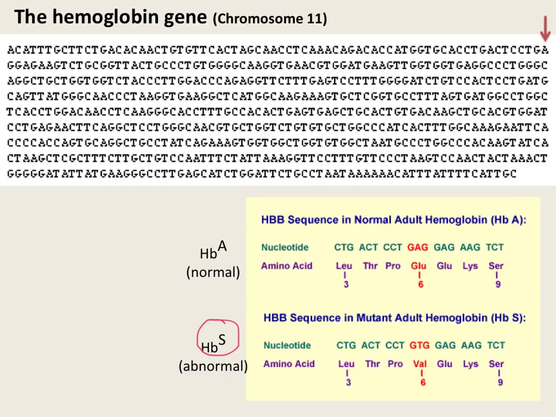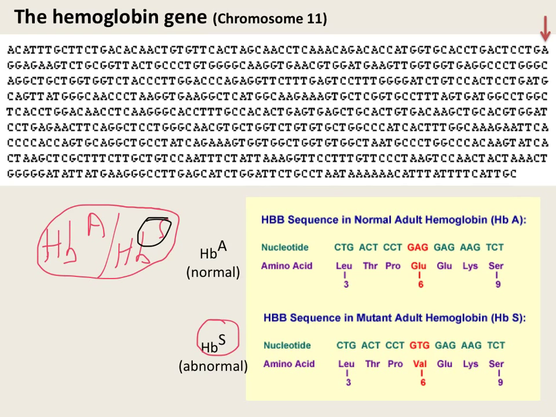Now remember, when you have an individual who is HbA/HbS, this individual is a carrier for the S allele, but they're also resistant to malaria.